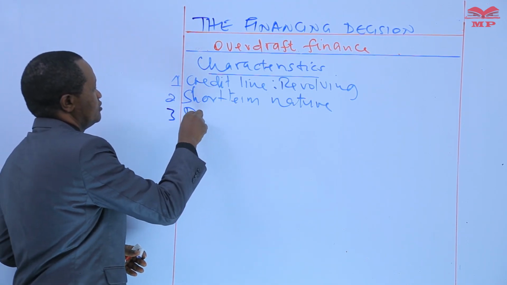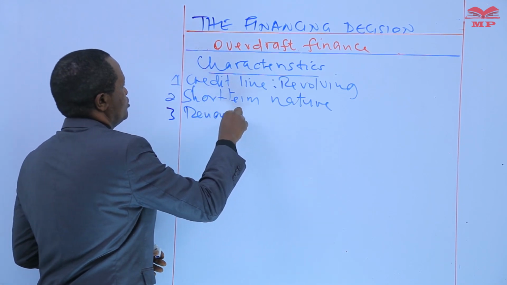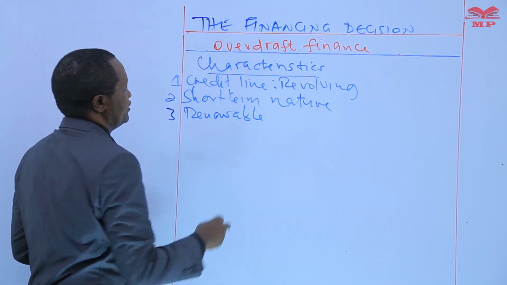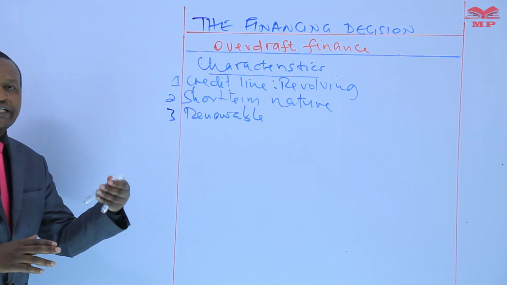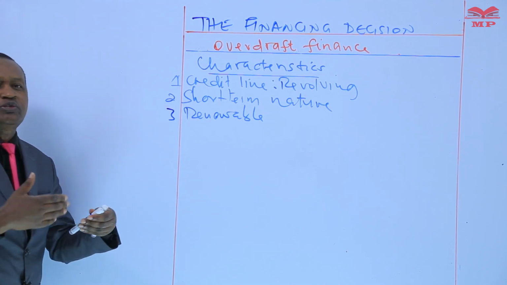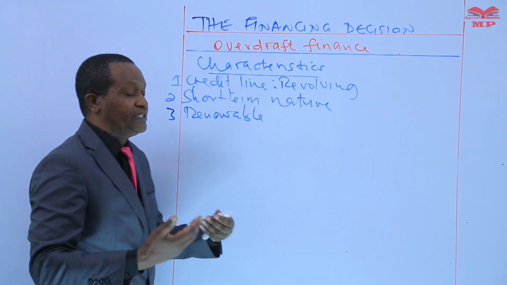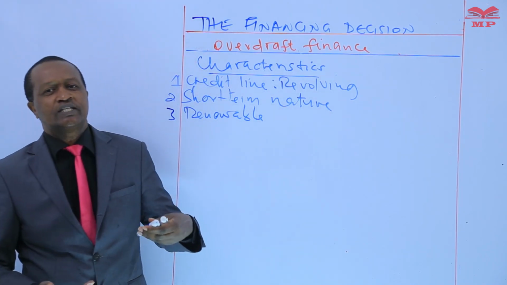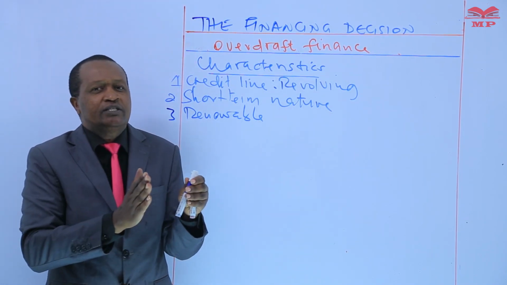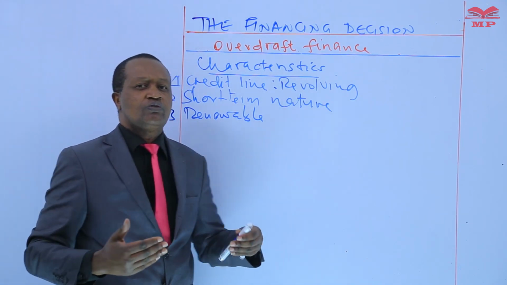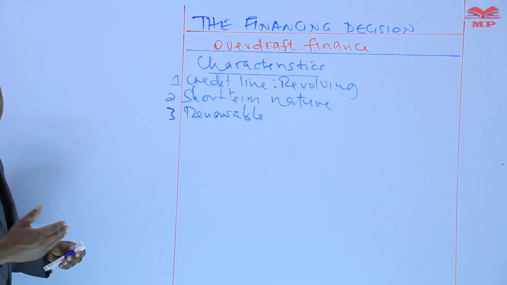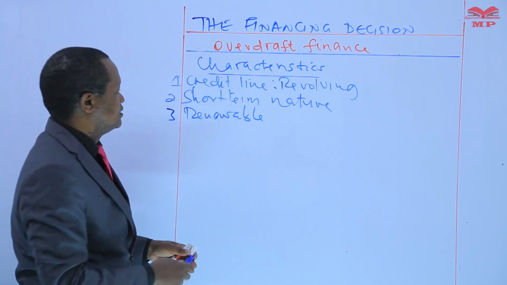Number three, renewable. Now, overdraft facilities are often renewable, meaning businesses can use them repeatedly as long as they remain within the approved limit, as the businesses meet the terms and conditions of the overdraft that is set by the banks.